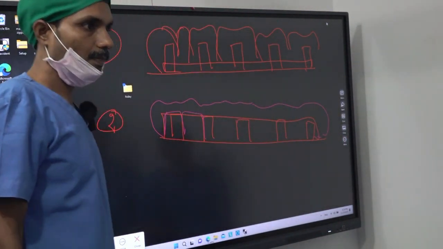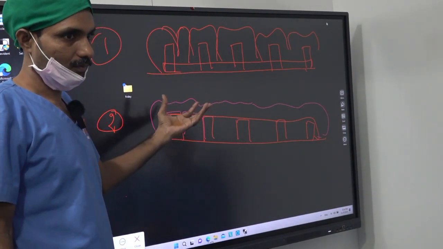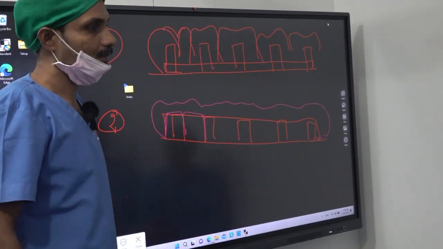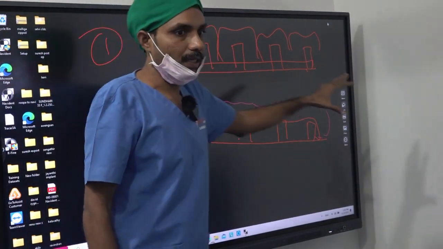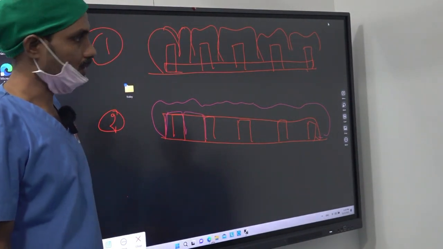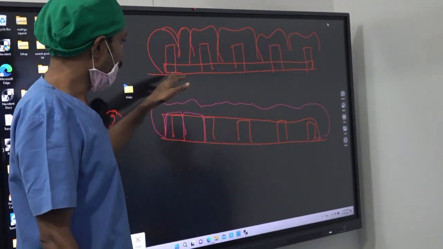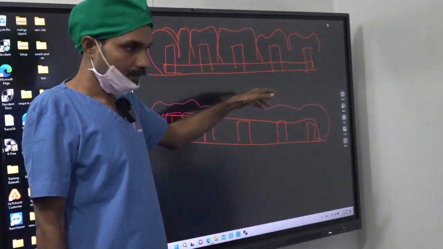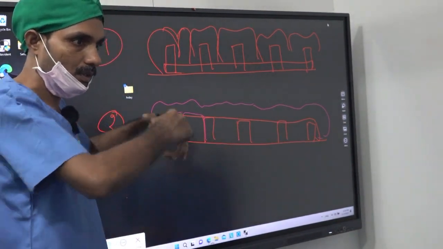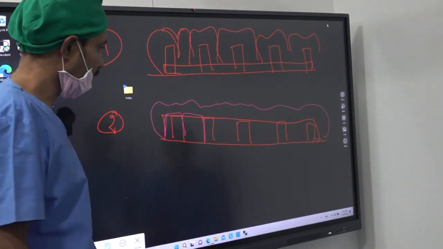See, we are placing implants inside the bone. Now we are leaving the implant and coming to the top part. How the implants are connected to each other also determines your success. So how can you connect all the implants? One is by using welding, or by using metal acrylic processes, hybrid processes, where the metal inside is connecting everything.